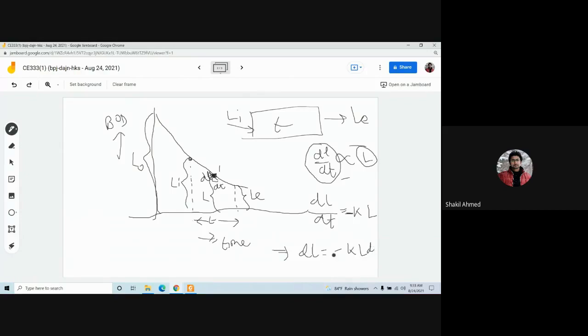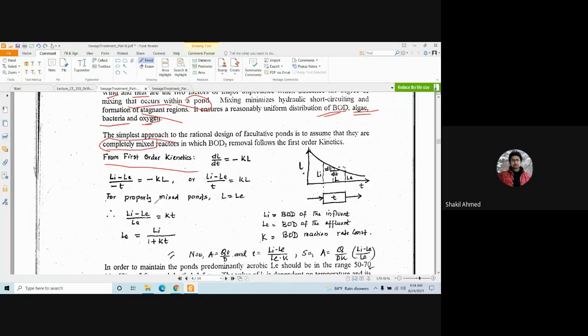Let's write it this way: dL by L is minus k dt. Now if we integrate this from 0 to t and from Le to Li, am I right? Yes, sir. From Le to Li, so you will get this.